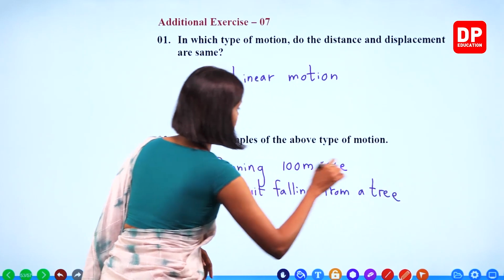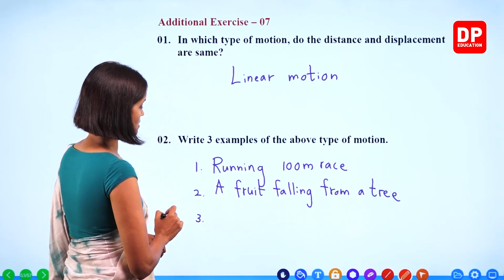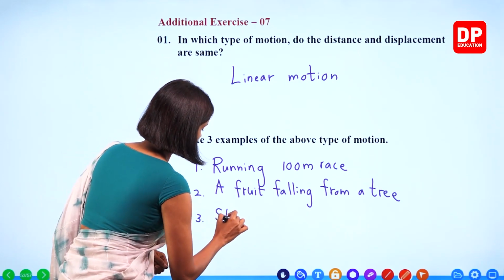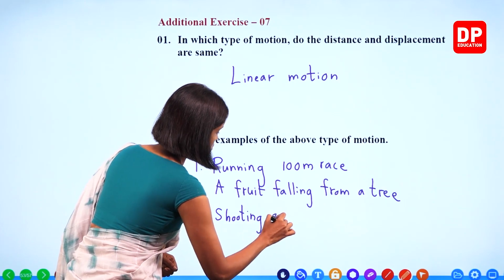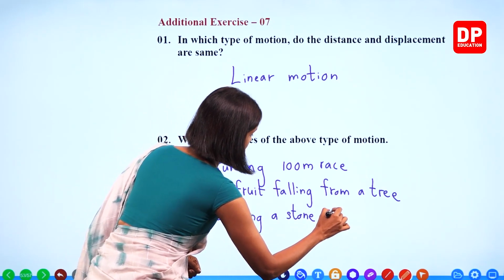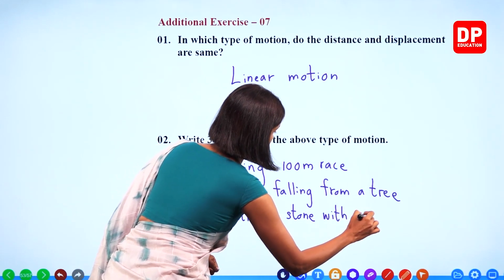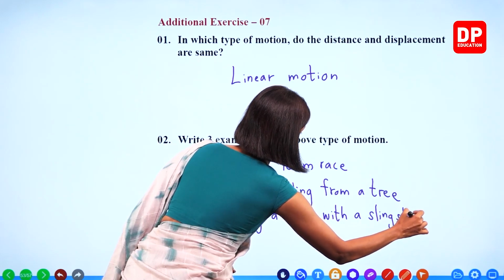A fruit falling from a tree. Number 3, we can write shooting a stone with a slingshot. With the slingshot.